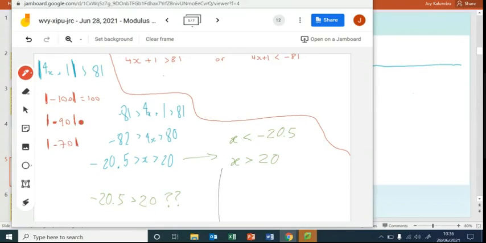No. So at what stage does it work? It will surely be anything from minus 20.5. That's where it works from. Okay, you're kind of solving it. Yeah, essentially.